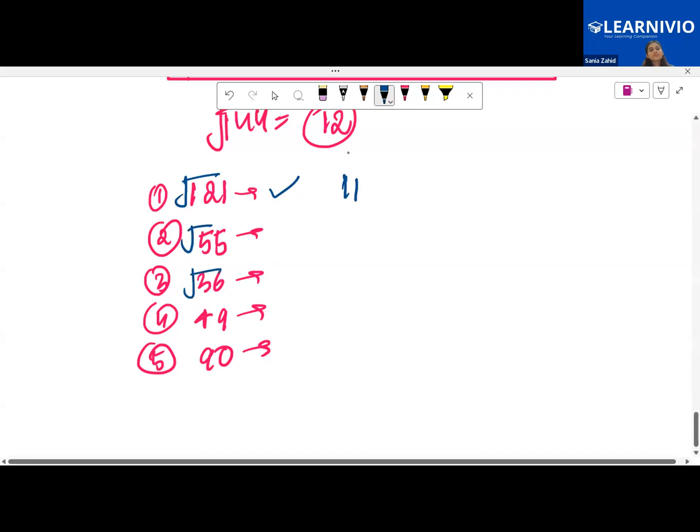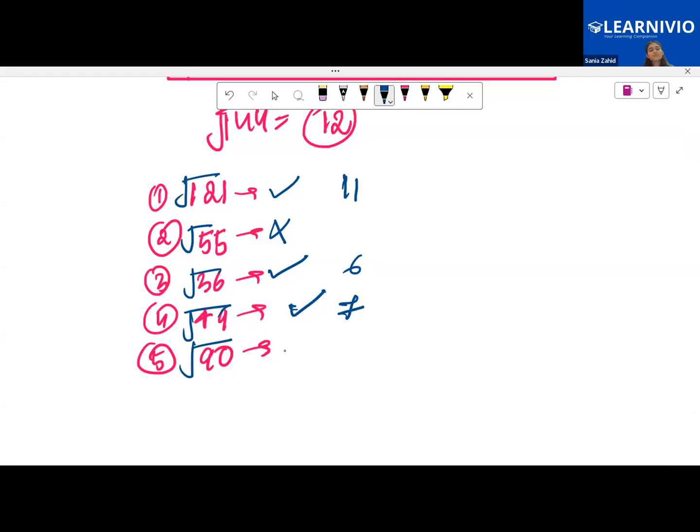Ma'am, it's not a perfect square. Okay, correct. Third one, root 36 is equal to 6. Okay, correct. Fourth one, 7. Okay, correct. My last one is not a perfect square. Correct.